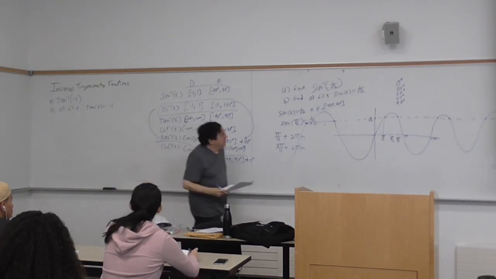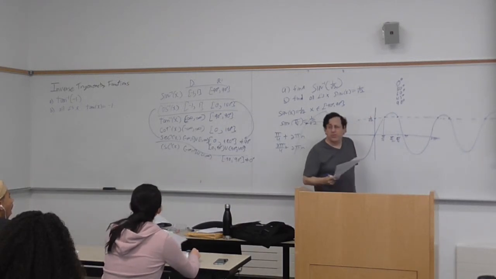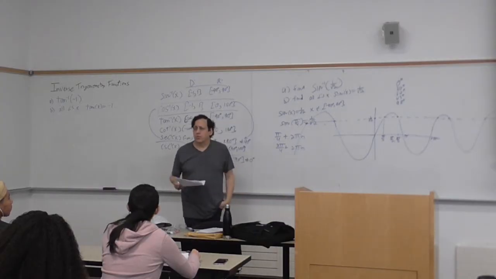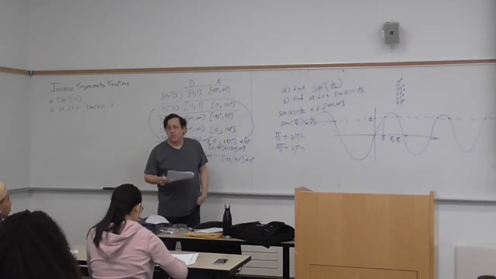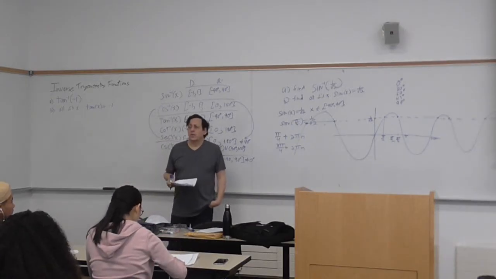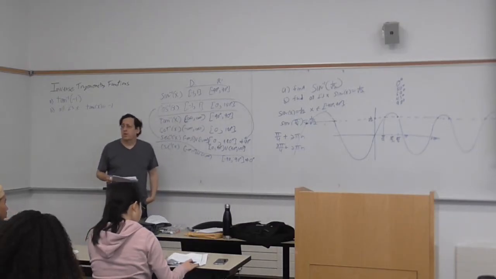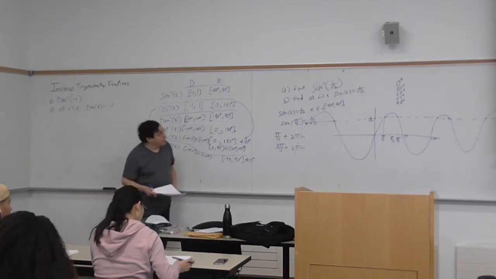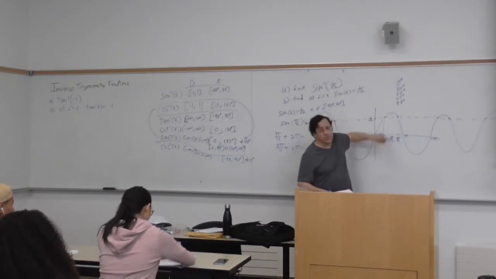So let's think about these angles again, because certain angles we know trig functions. We're not going to find one with a tangent of -1 in the first quadrant, are we? Tangent is always positive in the first quadrant. But we can find one of these angles where the tangent will be 1.